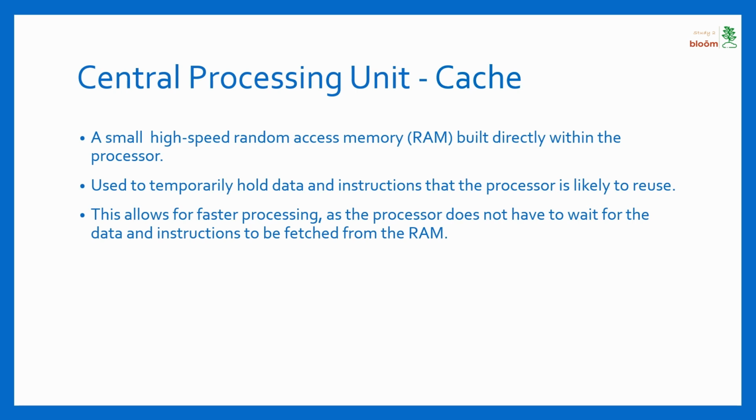The processor does not have to wait for them to be fetched from the RAM. As we learned, registers are the fastest memory location in a computer, and this level 1 cache is considered to be the second fastest memory location in a computer. We will learn about these in detail in our future videos.